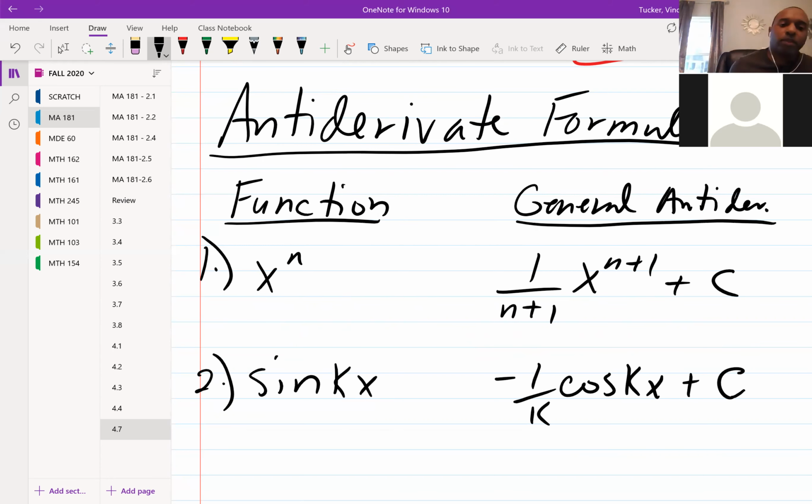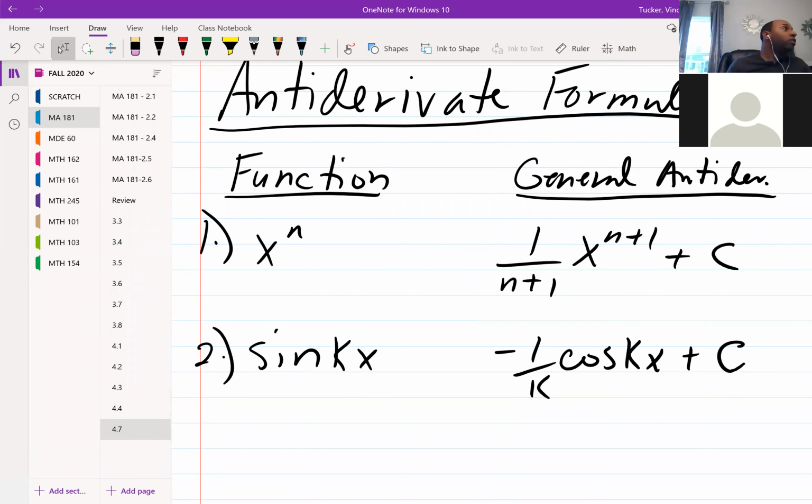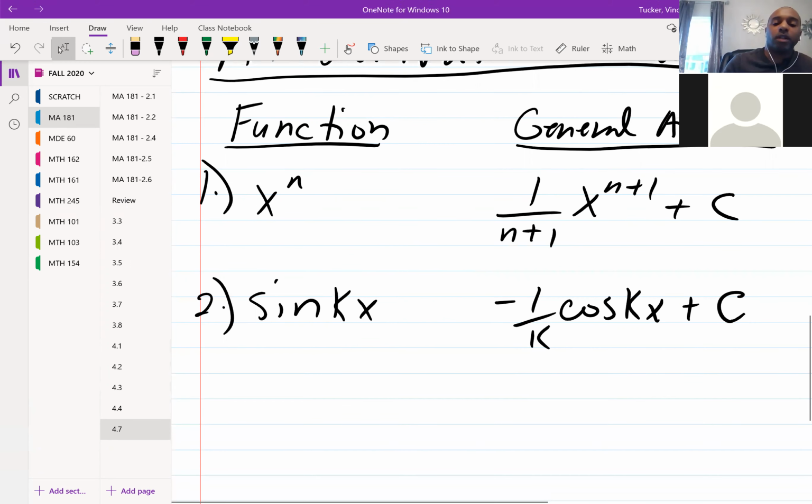All right, first two. If you have x to the n, the nth power, and you want to find the antiderivative of that, it'll be 1 over n plus 1 times x to the n plus 1, plus c. That's the reversal of the derivative process. If you were taking the derivative, you would bring down your exponent and then subtract 1 from it. So this is just accounting for that process.